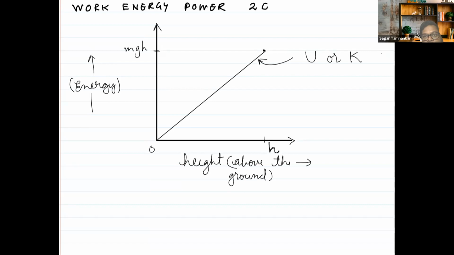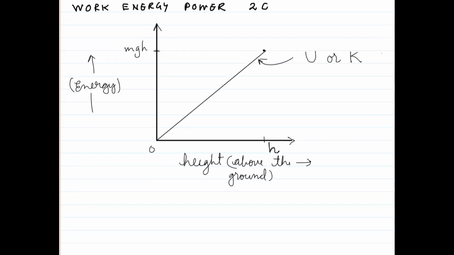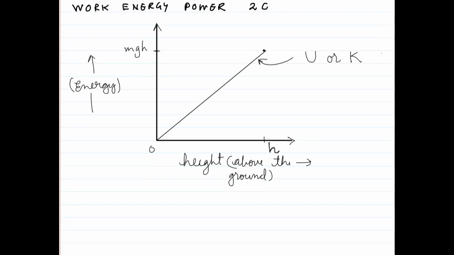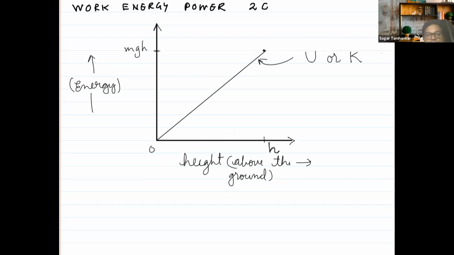Yes, Aryaman, what do you think? What is this line representing? The line is showing you that as the height goes up, the energy also goes up. So I'm asking you, is this line showing you potential energy, or is it showing you kinetic energy? So potential. Okay. So potential energy.